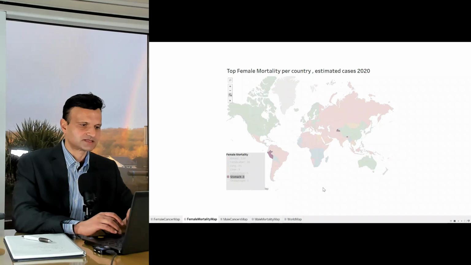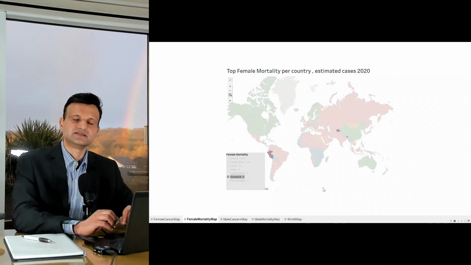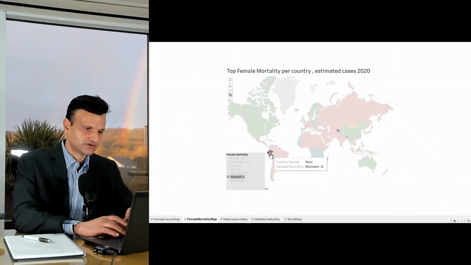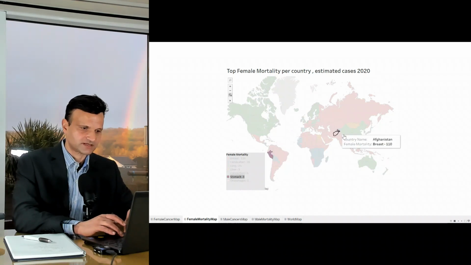After colorectal cancer, stomach cancer is the top reason for cancer death in 3 countries: one country in South America, and the other 2 in Asia, Bhutan and Tajikistan.